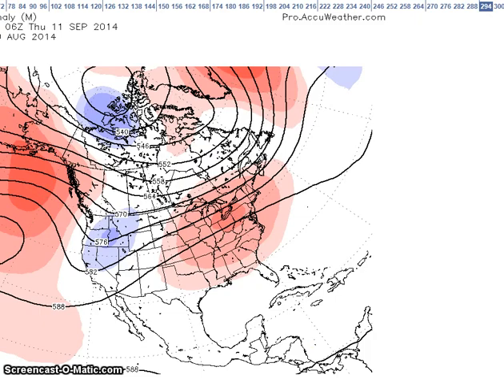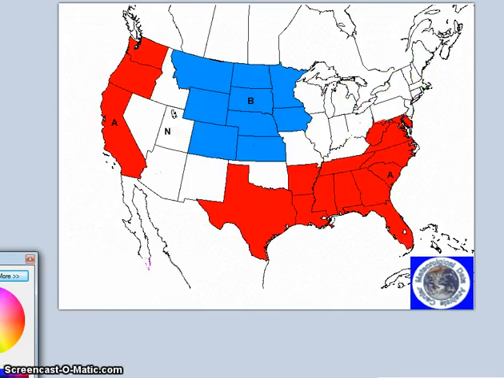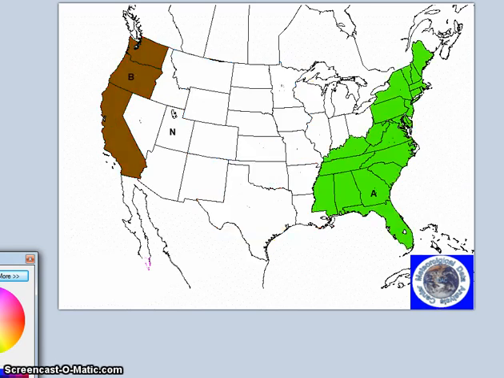So during this forecast period, I am forecasting above normal temperatures here and here, below normal temperatures across this region. And for precipitation, I'm calling for below normal precipitation for the west coast states and above normal precipitation for most areas east of the Mississippi River.